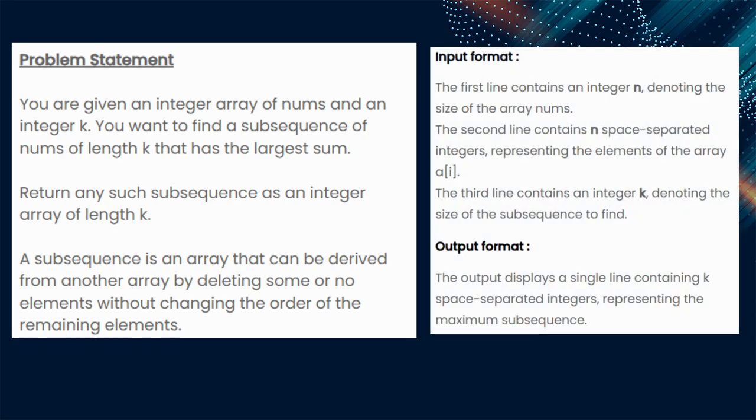So the input is going to be an integer specifying the length of the array, followed by the array element itself, followed by an integer k, which is going to say the limit of the subsequent length. And the output format is going to be the elements which forms that subsequence, not the sum, but the element itself.